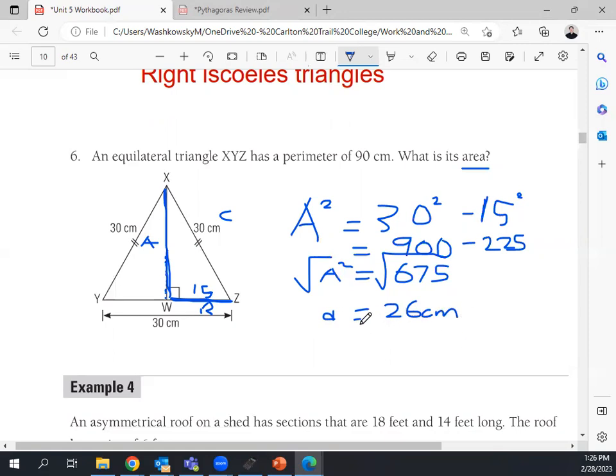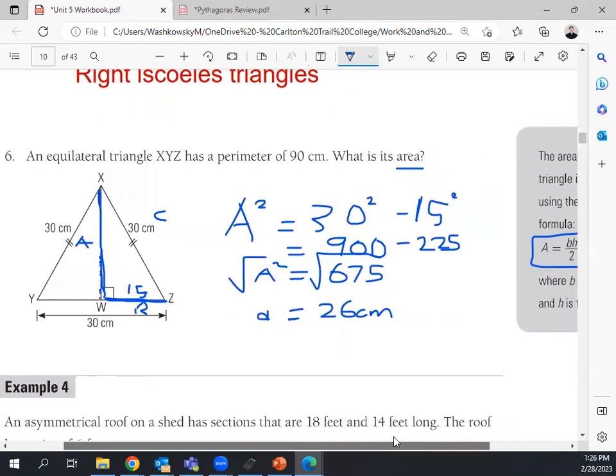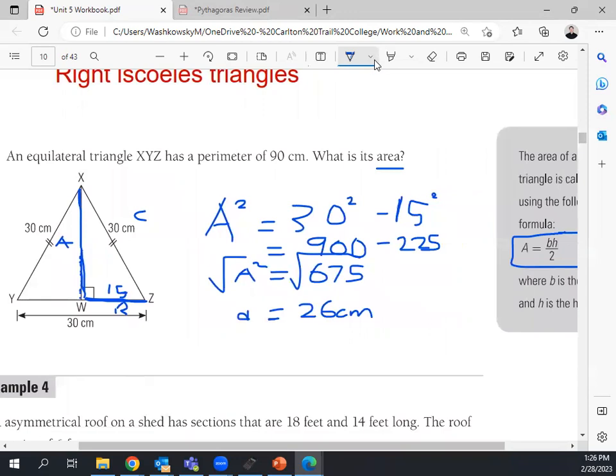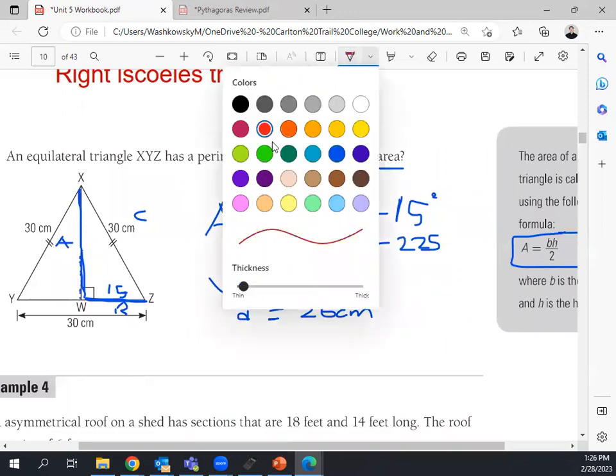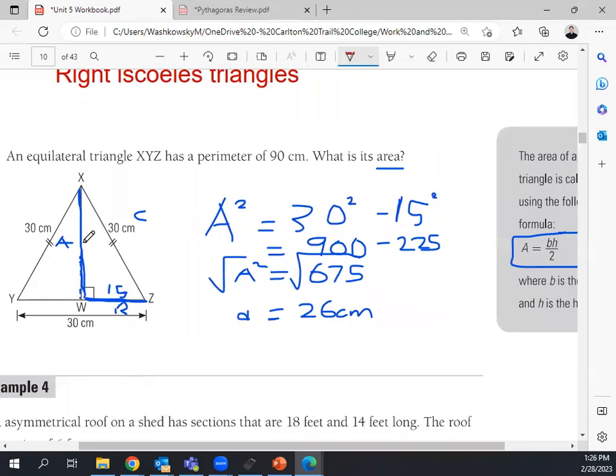Cool, but remember, you're not done. 30 times 26, yes, and it's divided by 2 as well. So base times height divided by 2. The base of this triangle is 30. My height's 26, as I've just figured out.